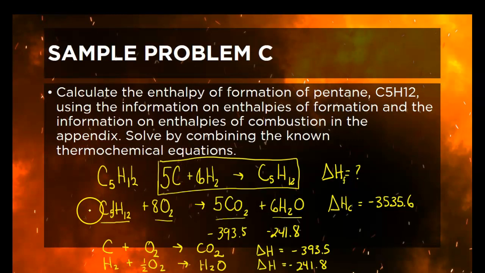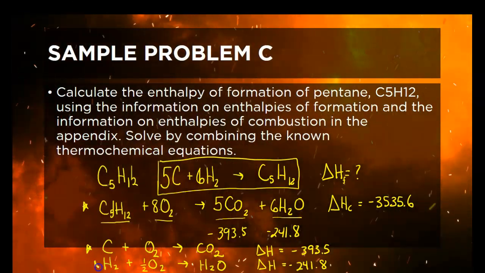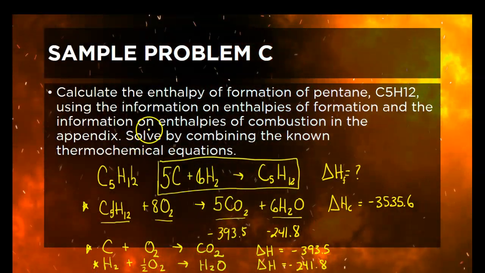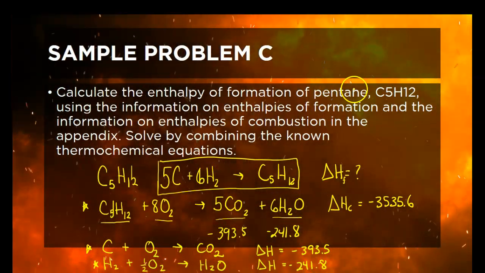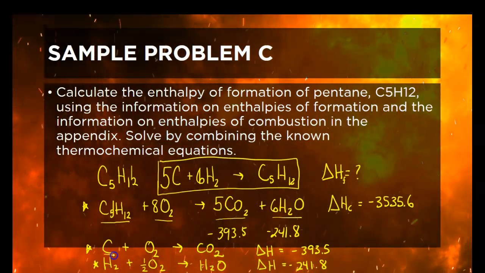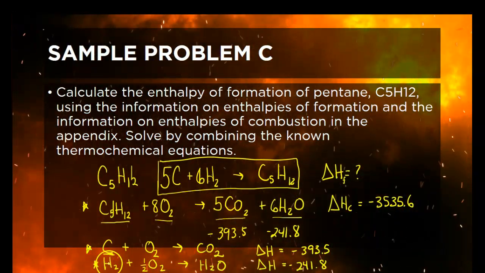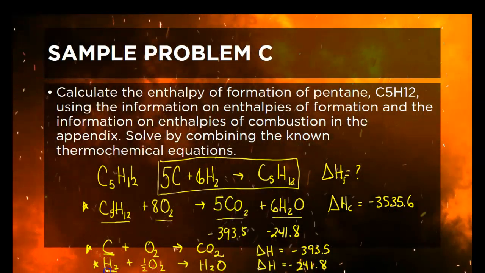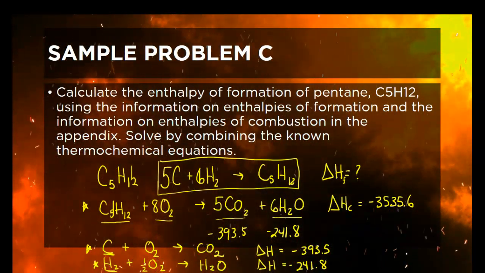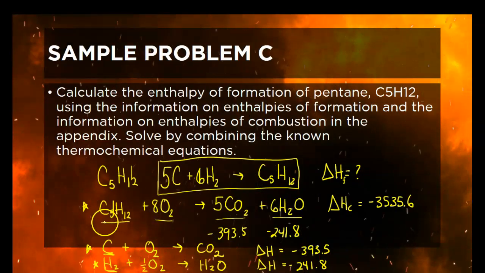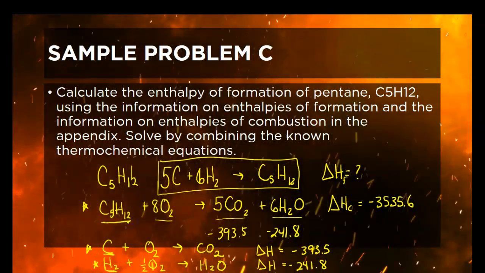So we're looking at this equation, and this equation. So to me, I see the C on the left here looks good. The H2 on the left here looks good. The only thing that seems to be on the wrong side is the C5H12. So I know I'm going to have to flip that equation. So let me actually write all these out on the board here.